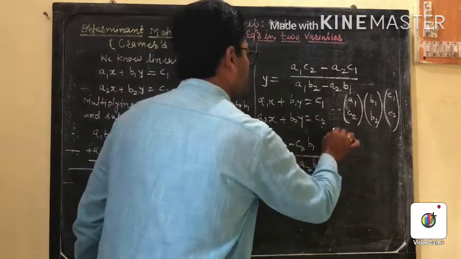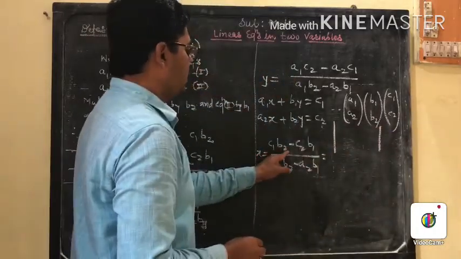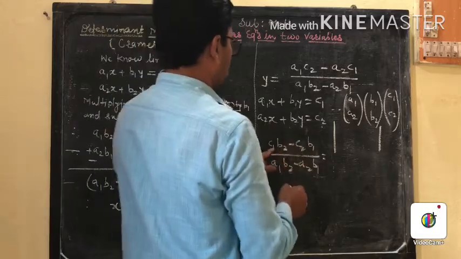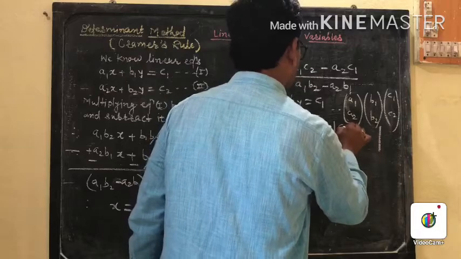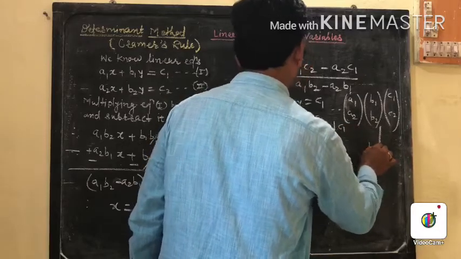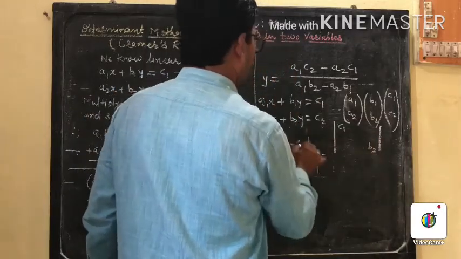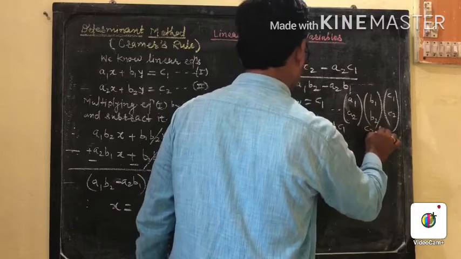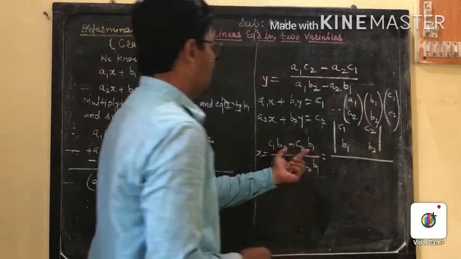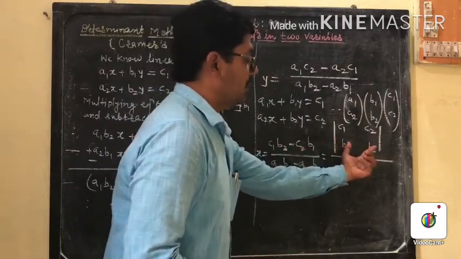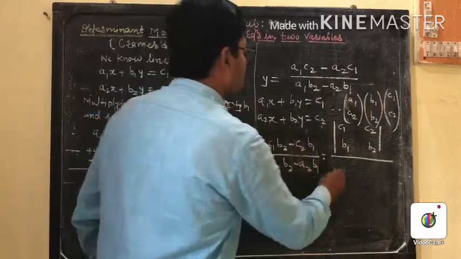The determinant of the numerator is like this: c1 b2, cross multiplication, minus c2 b1. This value is converted into a determinant, and the value of the determinant is exactly this.